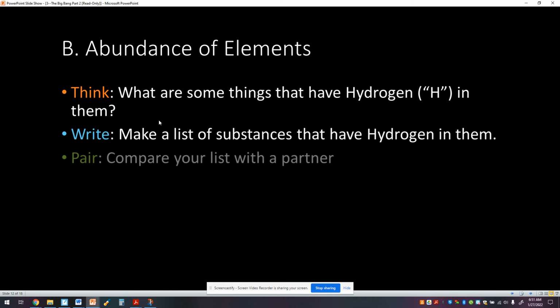Now, you kind of already did the writing part here. So I want you to compare your list with your table partners. Take about 30 seconds to compare your list to theirs and see if they got anything that you didn't.